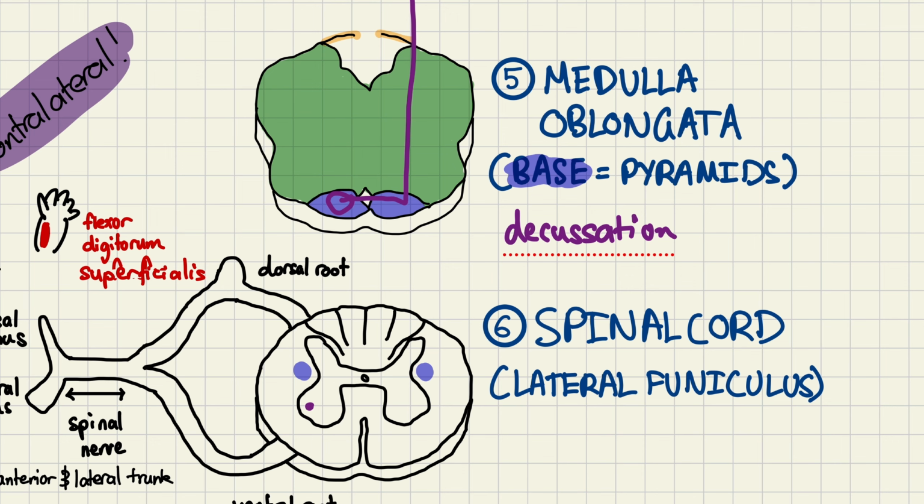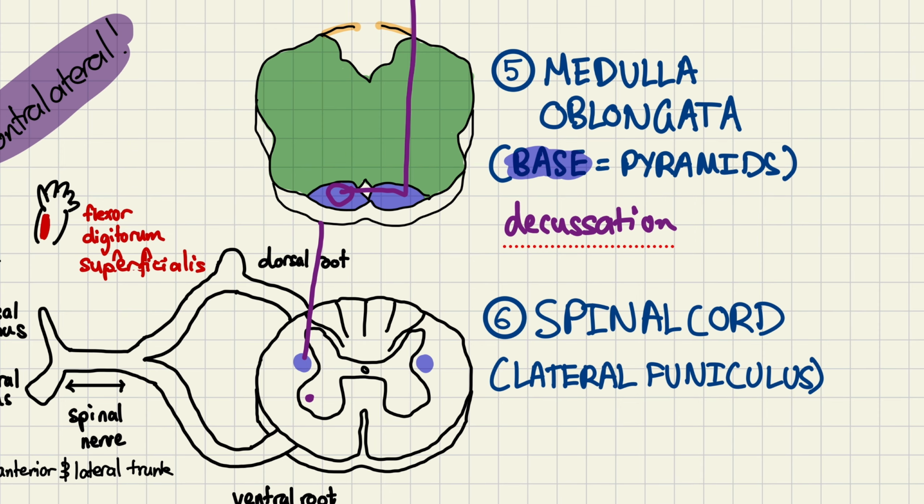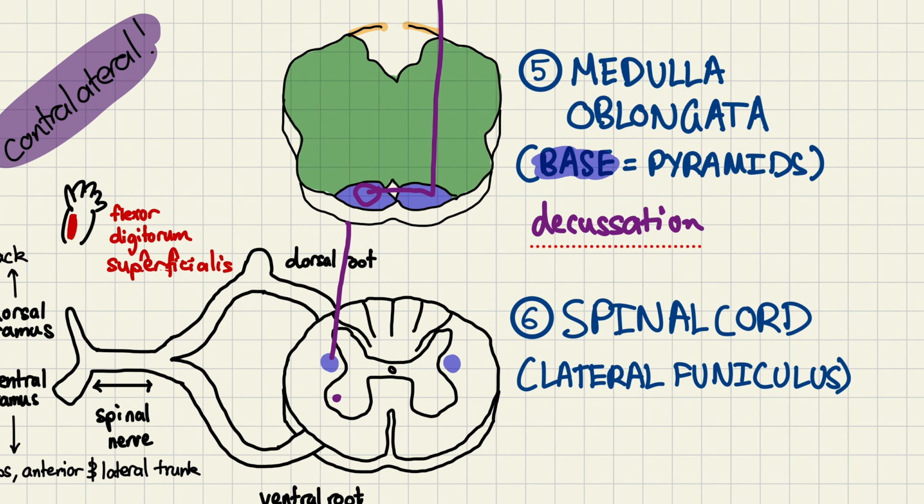Once I cross over to the other side, I continue descending down the spinal cord on this contralateral side through a white matter tract known as the lateral funiculus. And through the lateral funiculus, I will descend down to an appropriate spinal level, whereupon the axon will go into the ventral horn of the spinal cord and synapse with my lower motor neuron.